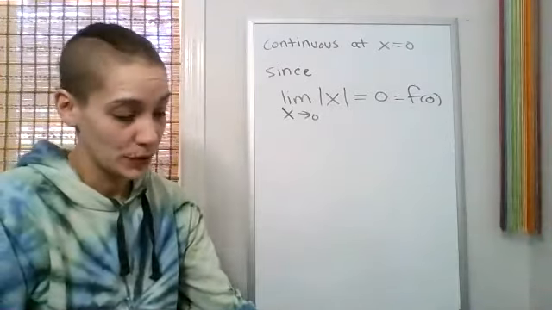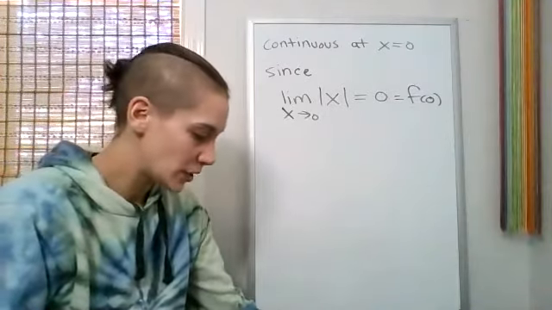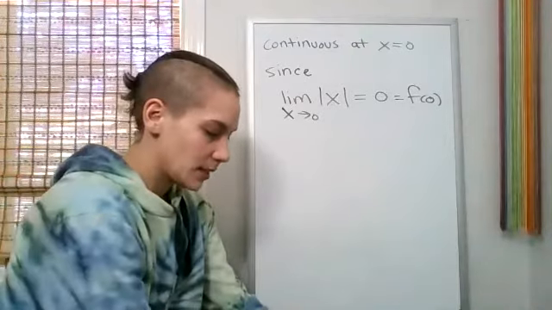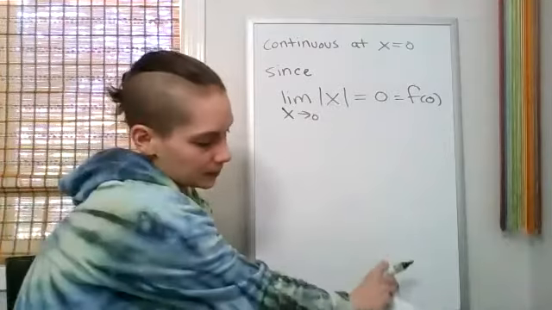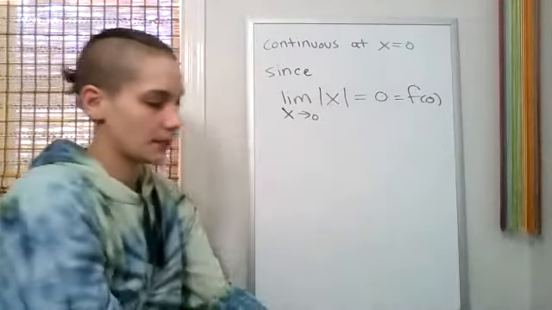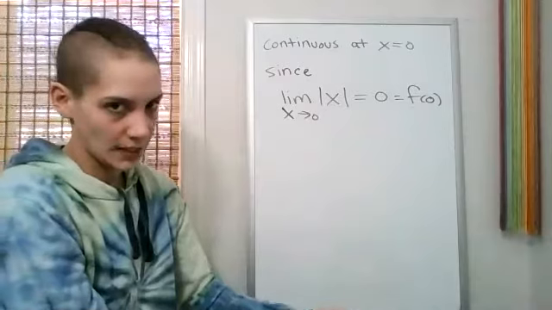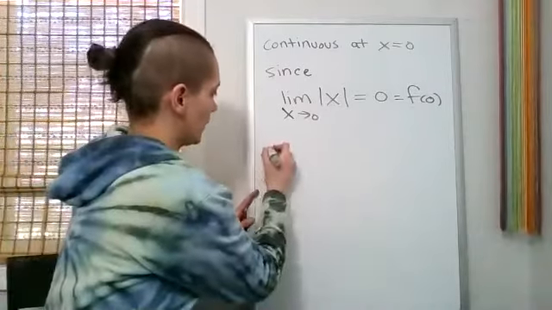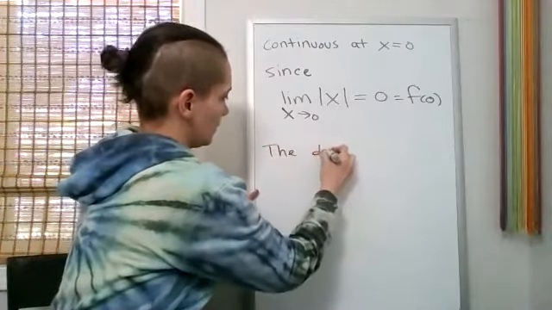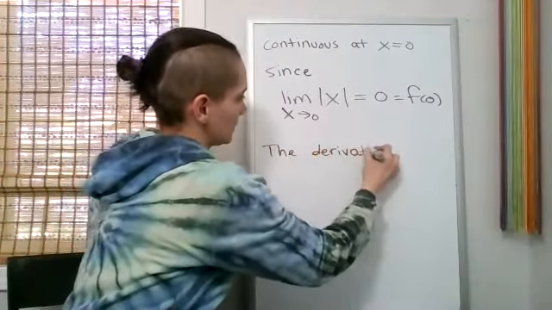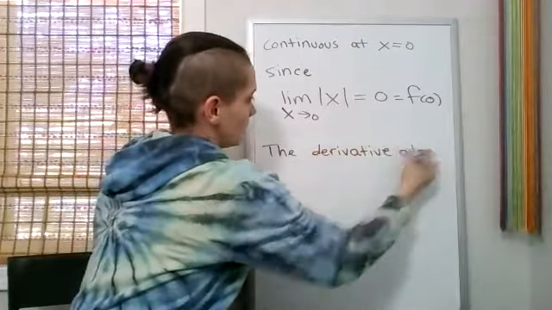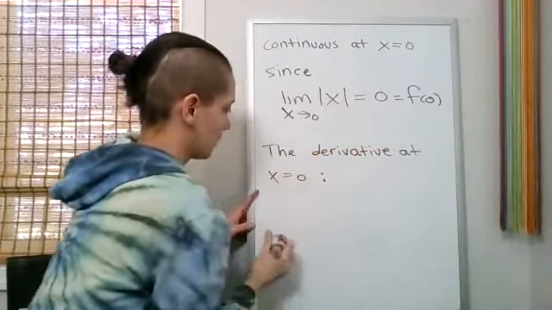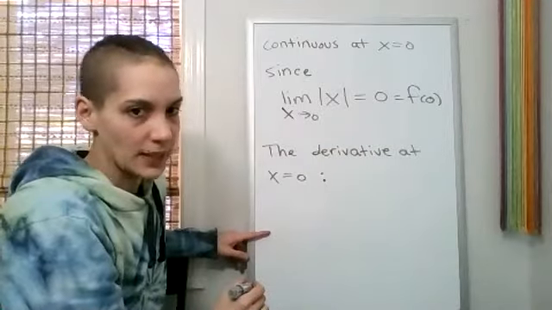I'm going to skip the whole proof. We're going to just go to x equals 0 and then find the derivative. Let's go from the left and then from the right.